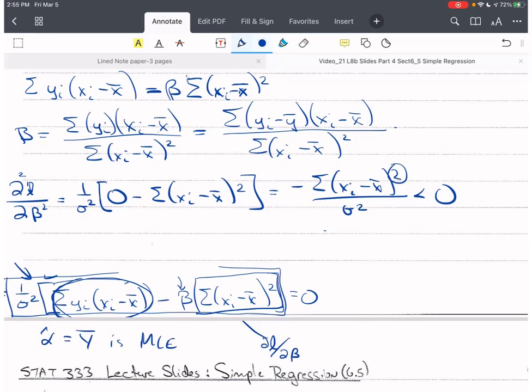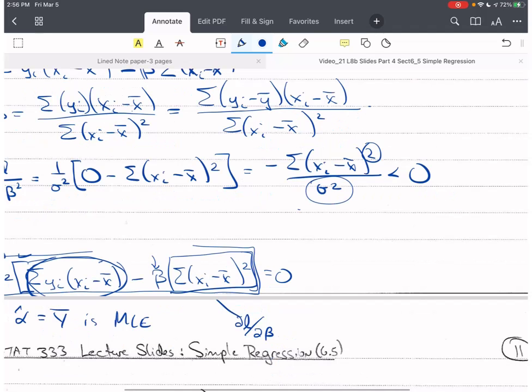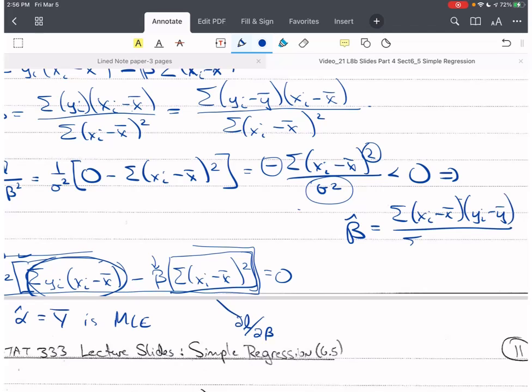They're all positive, so the numerator is positive, the denominator is positive, and then I'm multiplying the whole thing by a negative, so that's less than 0, which implies that beta hat equals the sum of (xi minus x bar)(yi minus y bar) over the sum of (xi minus x bar) quantity squared is the MLE of beta.